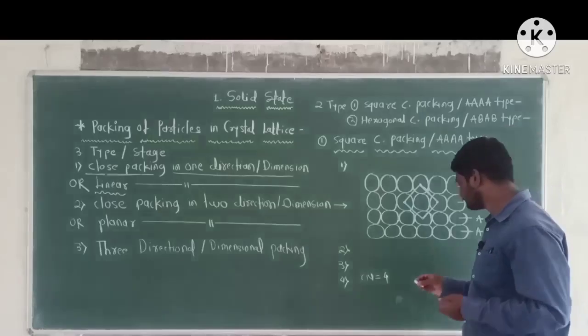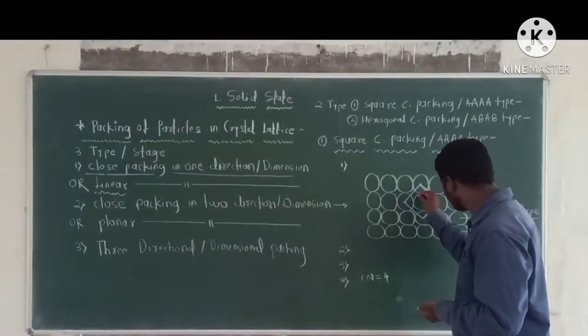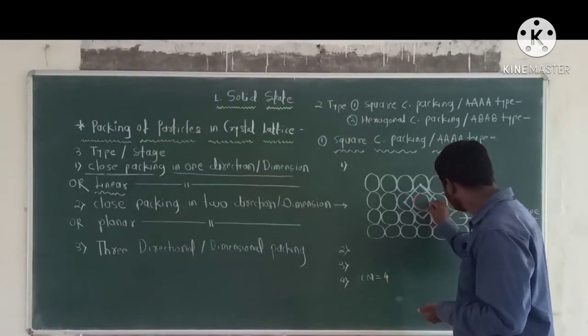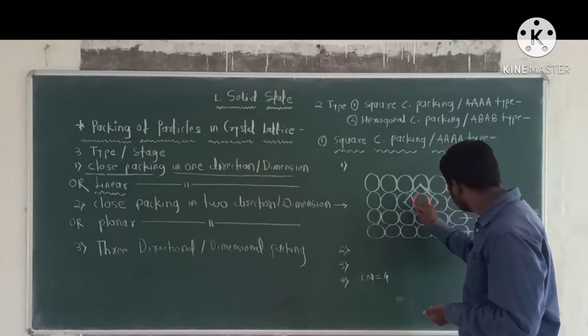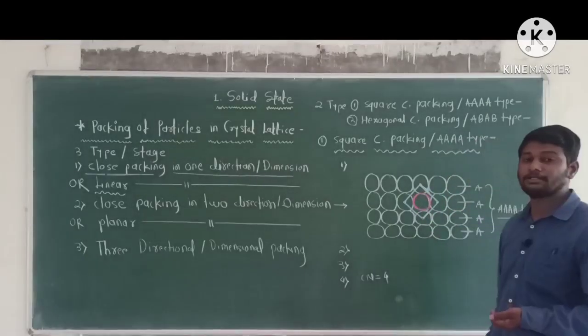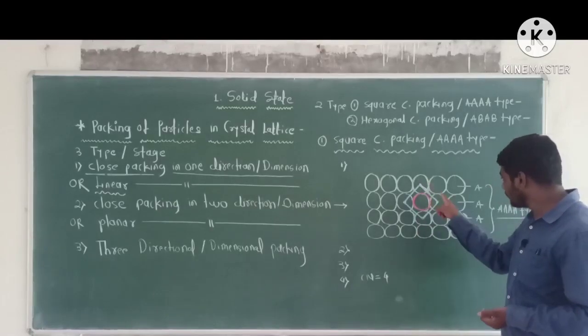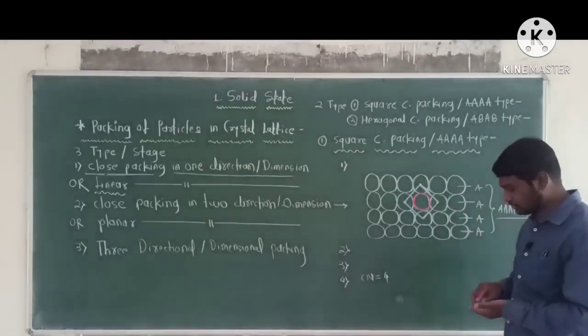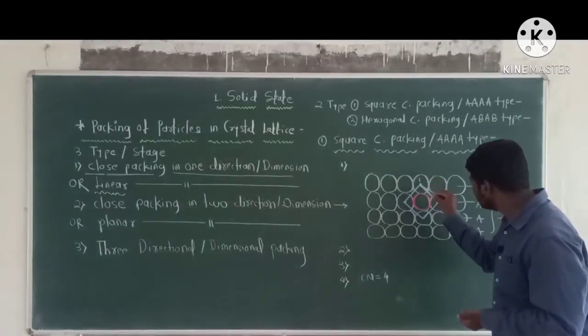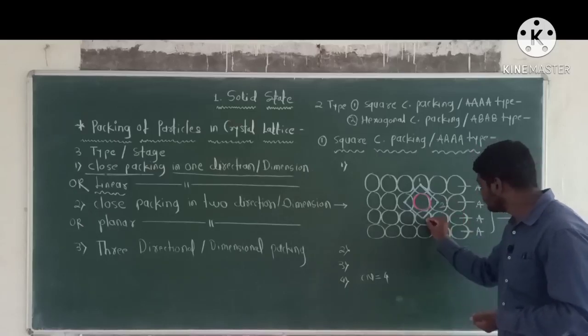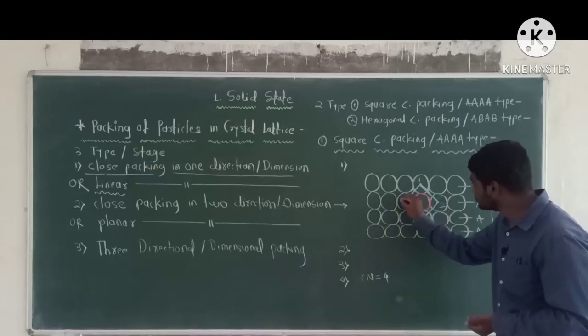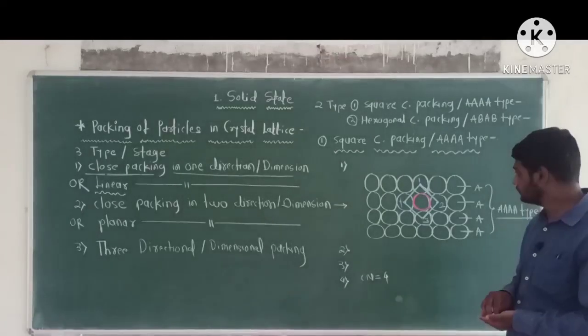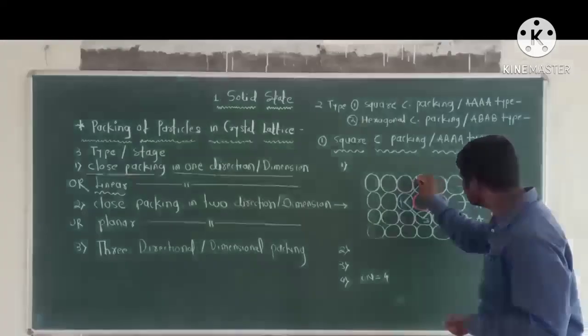Let us see. This is the constituent particle. These constituent particles are in contact with 4 other constituent particles. This is the first constituent particle, this is the second, this is the third, and this is the fourth constituent particle.